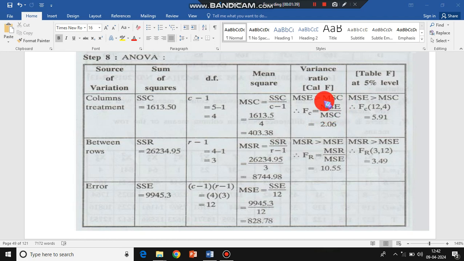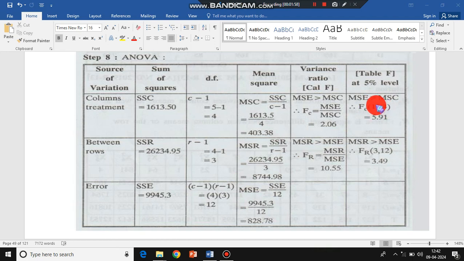Now look at the numerator, MSC. What is the degrees of freedom? 12. So that we have to write inside the bracket in the first place.